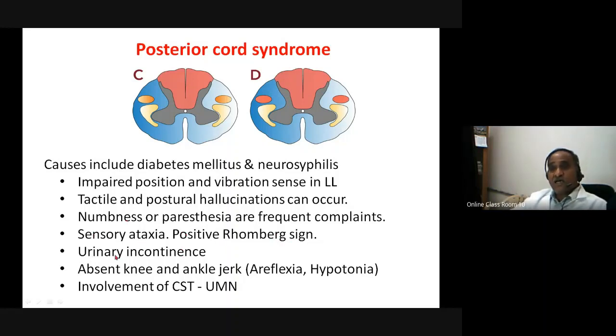Urinary incontinence may also happen, because it may speak about the involvement of the voluntary control, or involvement of the lateral sympathetic nerves. This is carrying the 1A fibers, or large diameter fibers.